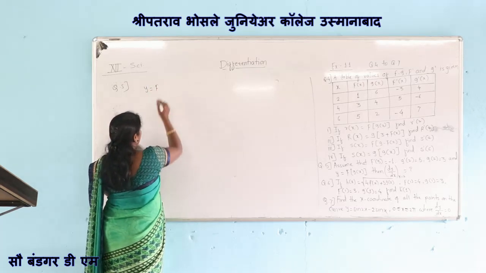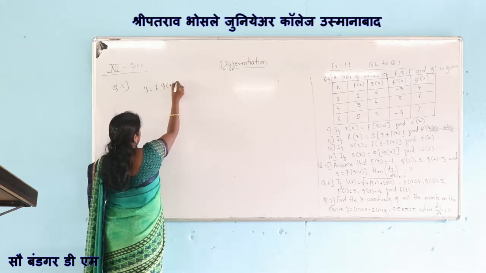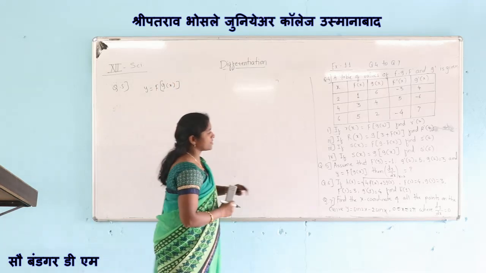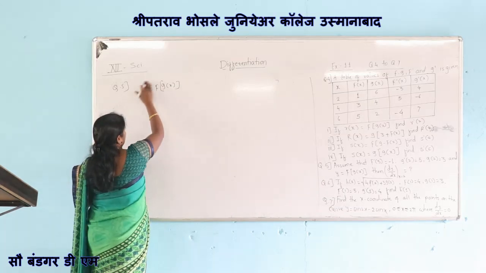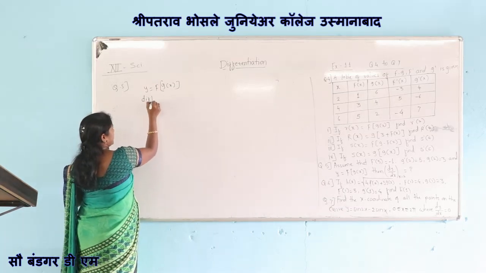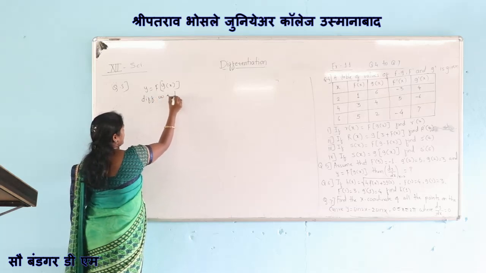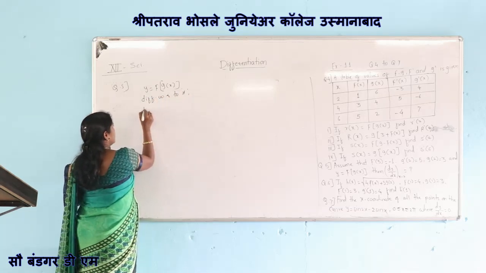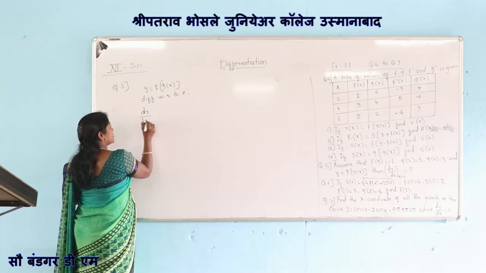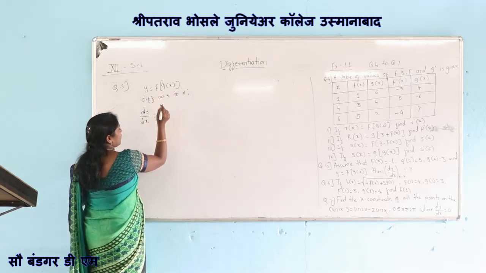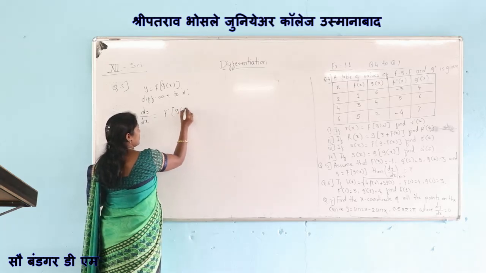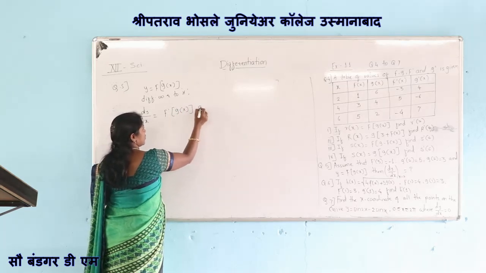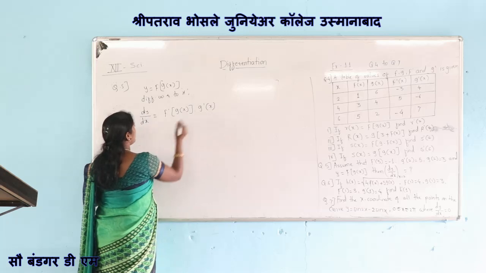We have to find dy by dx. To find dy by dx, we have to differentiate y with respect to x. So differentiating with respect to x, we get dy by dx is equal to the derivative of f of g of x, that is f dash of g of x into the derivative of g of x, g dash of x.